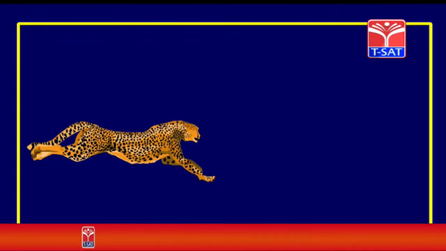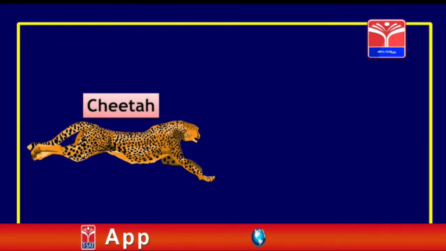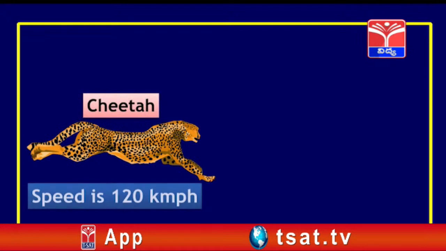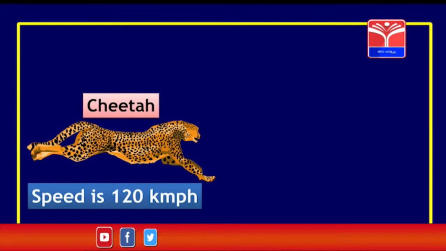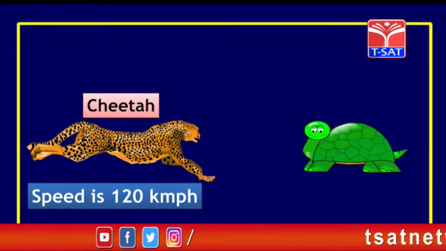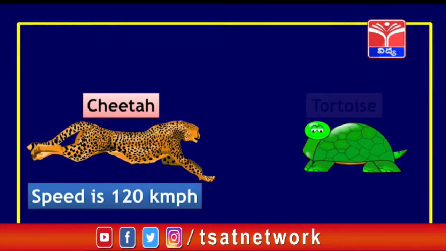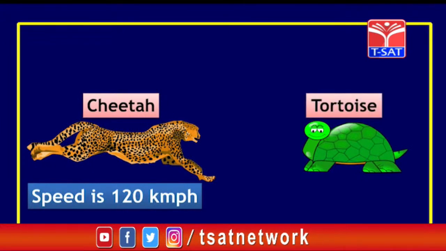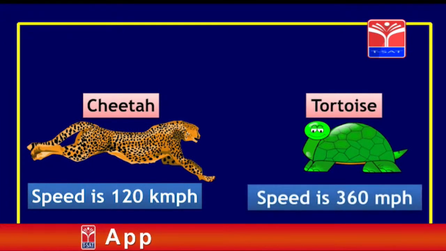Here you can see a cheetah, and the speed of the cheetah is 120 kilometers per hour. It runs very fast, isn't it children? 120 kilometers in 1 hour. Now let us take another one here. Yes, it's a tortoise, and the speed of the tortoise is 360 meters per hour. Now can we compare these two quantities?